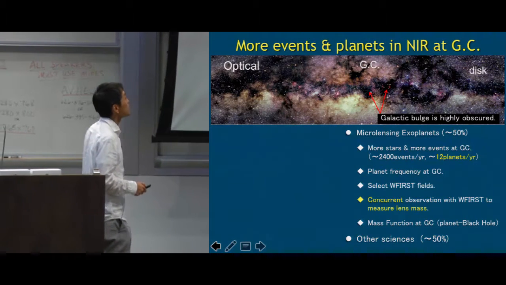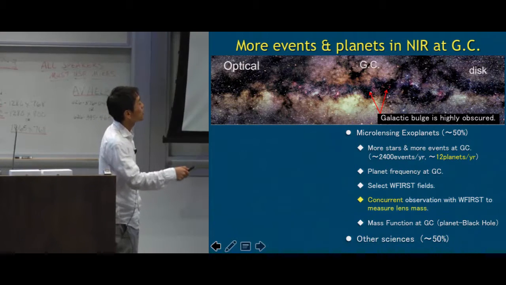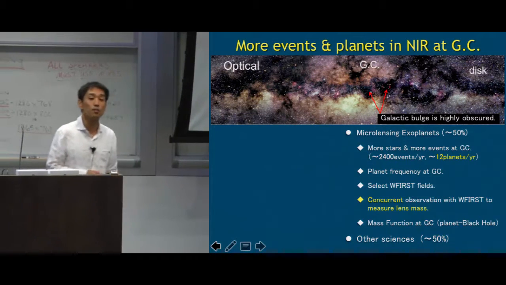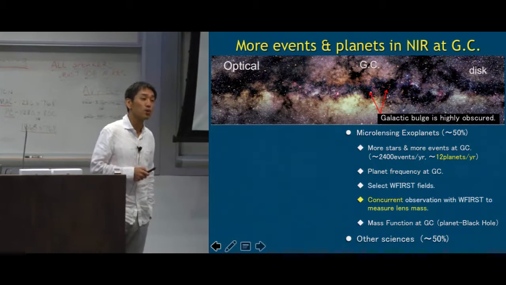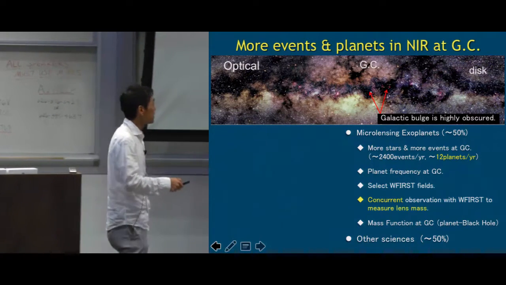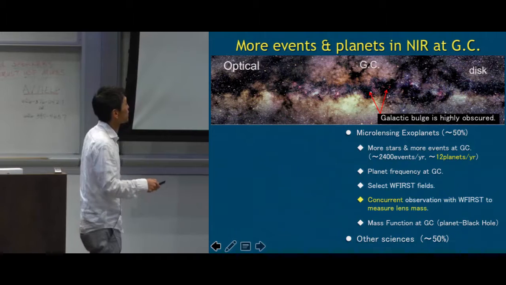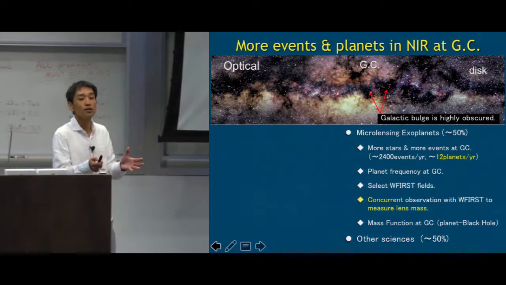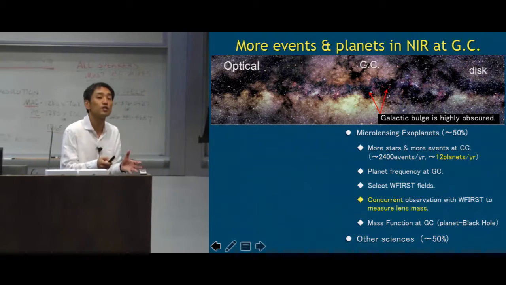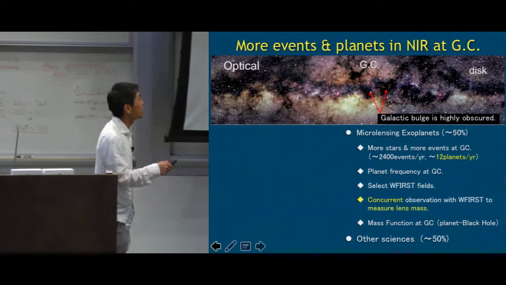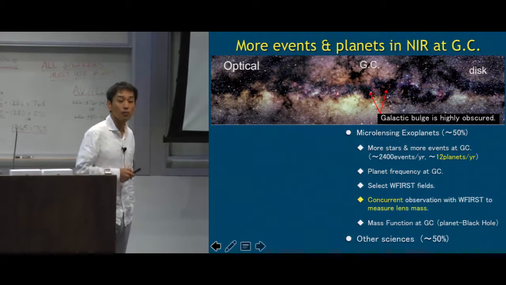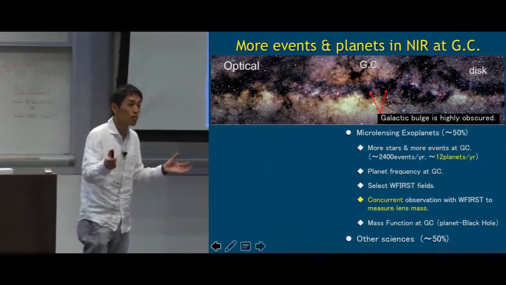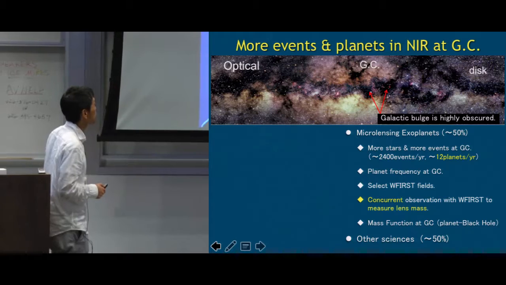In the H-band, we can measure the more central region of the galactic center where the stellar density is much higher, so we can detect more events and more planets. And also, we can measure the planet frequency at the galactic center. So the stellar number density is different, and the metallicity may be different from the other regions we are observing in the optical. So we can compare the planetary abundance in different environments, which might be interesting.